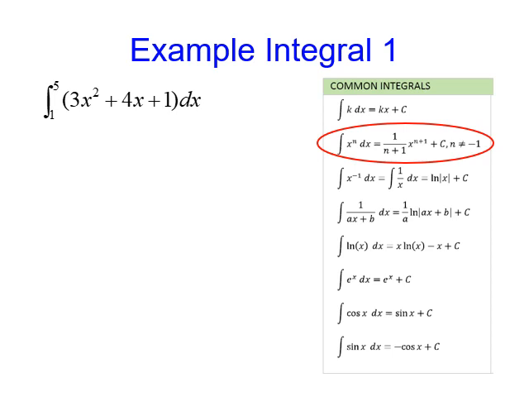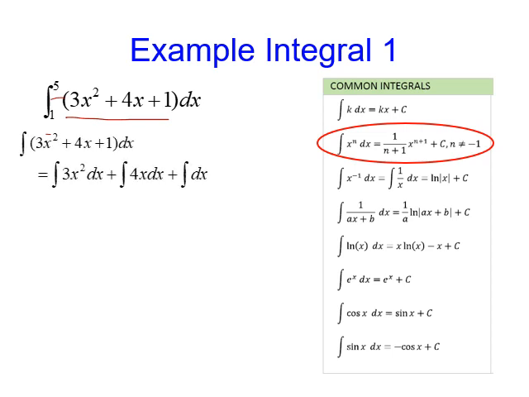Example: integrate the function 3x squared plus 4x plus 1 when x changes from 1 to 5. To integrate this, we first separate the integration into 3 parts: integrate 3x squared, 4x, and 1. Note that a constant doesn't change, so when you integrate, you can move it out of the integration.